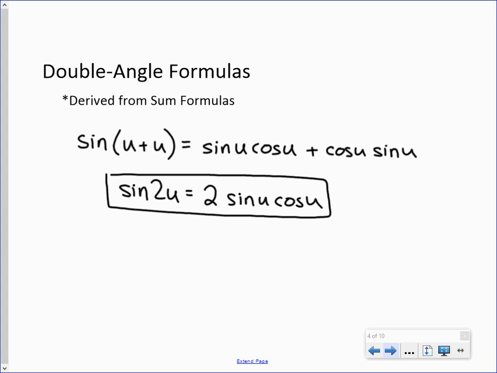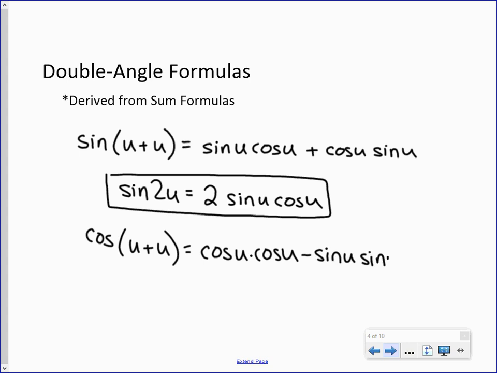Okay, so we could do the same thing with cosine. Instead of cosine of u plus v, we'll do cosine of u plus u. Cosine's formula starts with cosine times cosine. So we're going to say cosine u times cosine u. And then if we're doing the double angle, so we're adding the u's, we'll put a subtraction sign. And then we'll have the product of the sines.